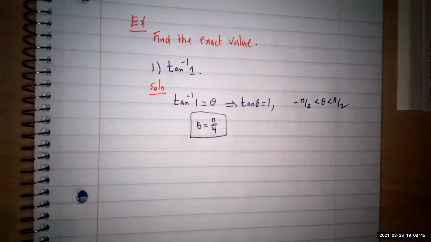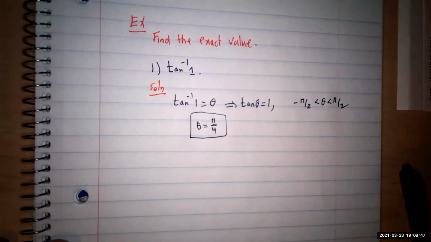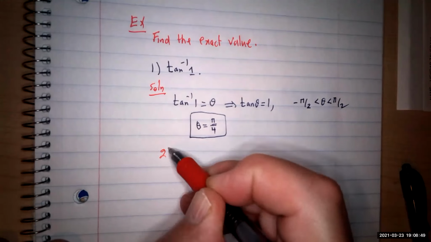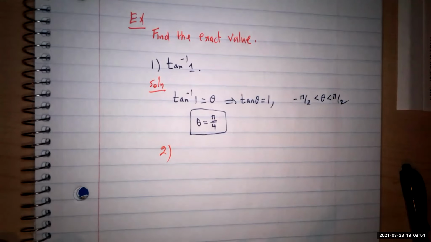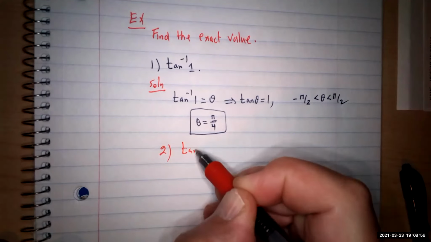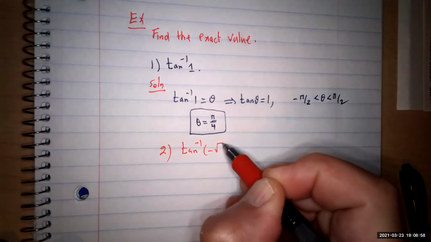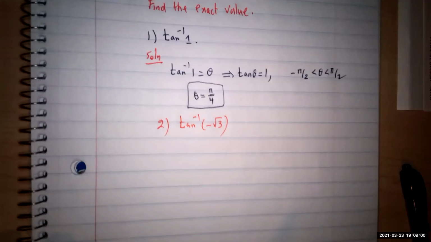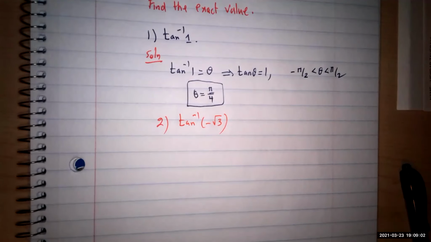When it is negative, you've got to be very careful to pick the correct numbers. Some people miss this part. Okay, let's see what is special about this one. How about tan inverse of negative radical 3? We want to find an angle whose tangent is negative radical 3.